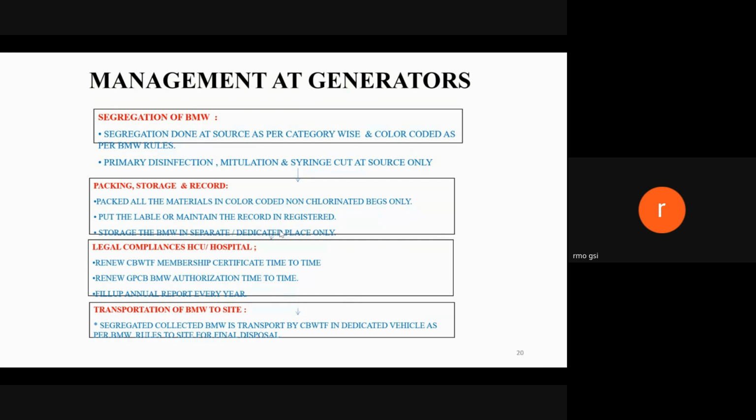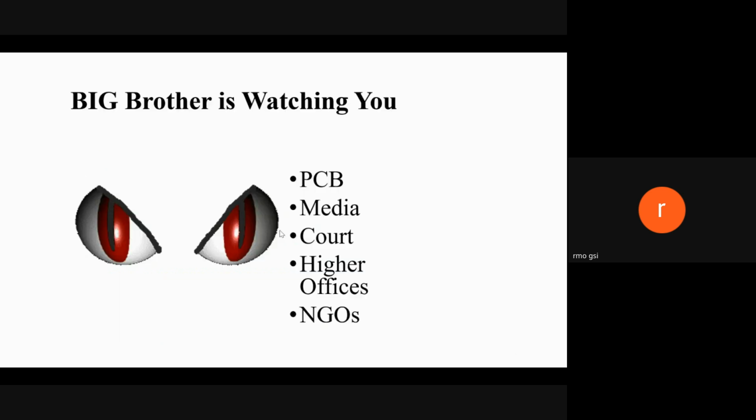Management at the generator includes segregation, packing, storage, and legal compliance, as I have mentioned: the authorization certificate and annual report submission. These are the legal aspects, the management aspects, and transportation of biomedical waste to the site.